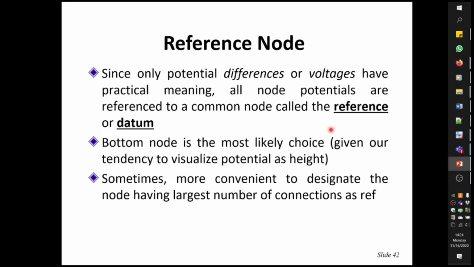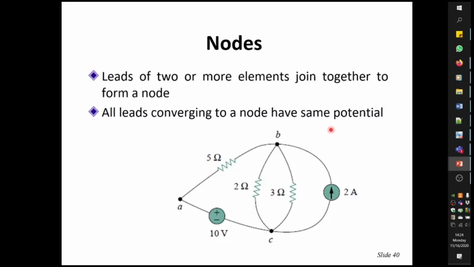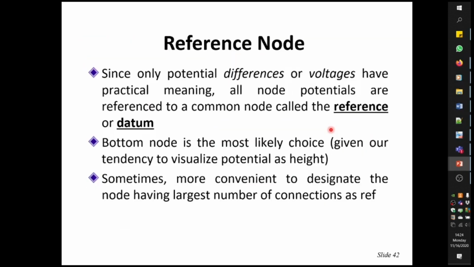Then what is a reference node? Since only potential differences or voltages have practical meaning, all node potentials are referenced to a common node called the reference or datum. What they're trying to say is that, as we have discussed before, the term voltage is the same as potential difference.